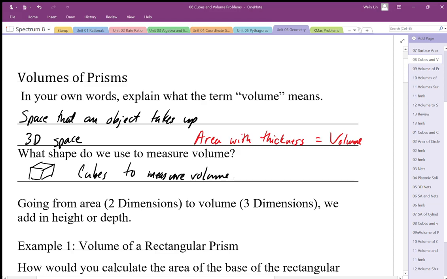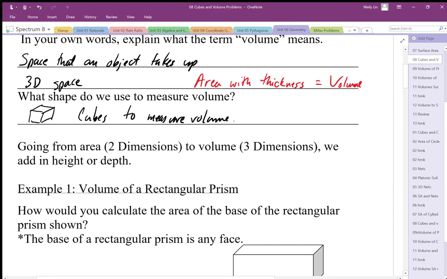So when we go from 2 dimensions, area, to 3 dimensions, volume, we were just adding in height or depth. And for that matter, we can actually go backwards. When we think about the 0 dimension, we have a dot. 1 dimension is a line. 2 dimensions, we just extend those lines at 90 degrees, and we get area.